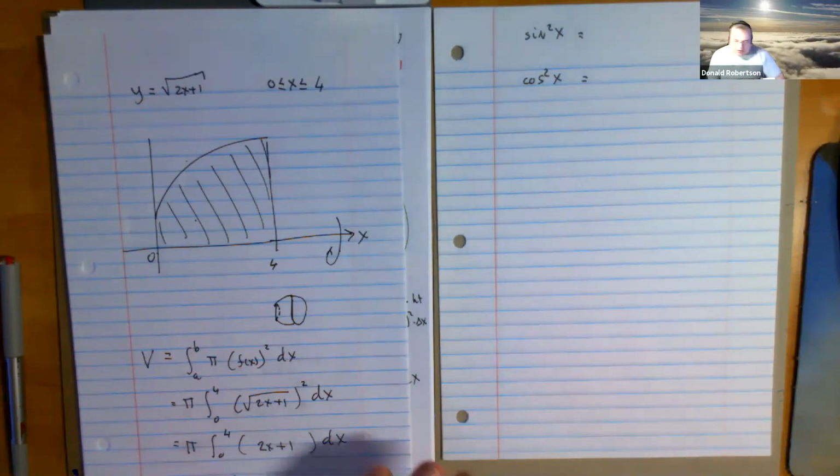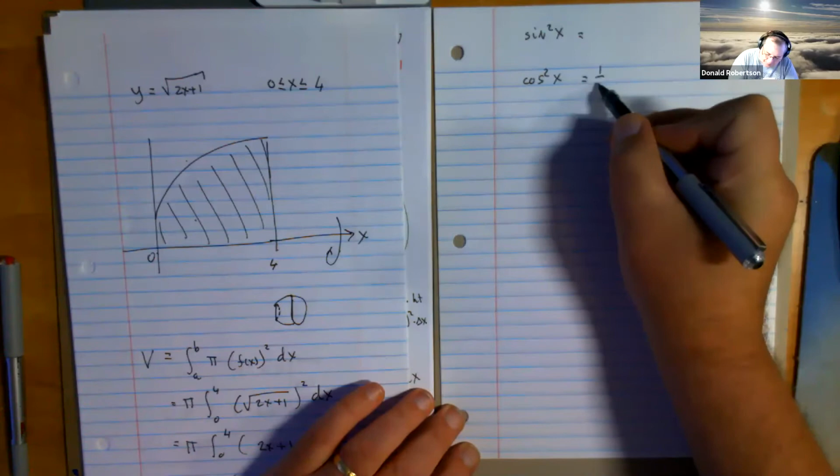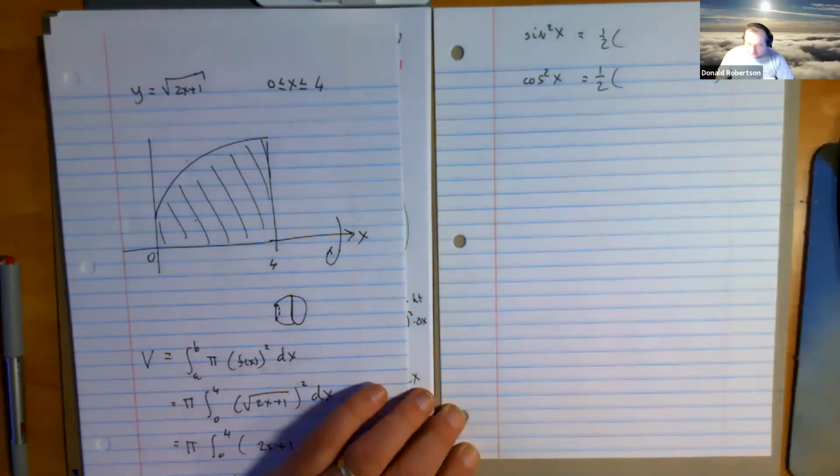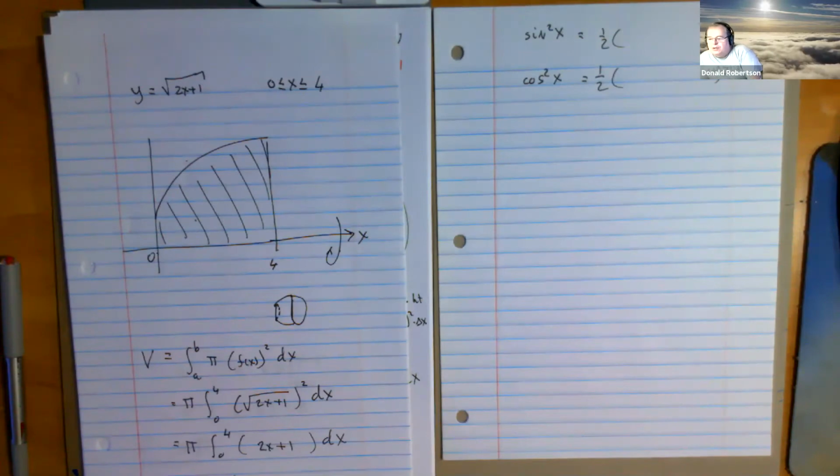And I'll give you a clue to what I'm looking for. Sine squared x can be written as a half of something, and so can cos squared x. Anybody remember what the expression sine squared x is equal to? It's a trig identity from 142.